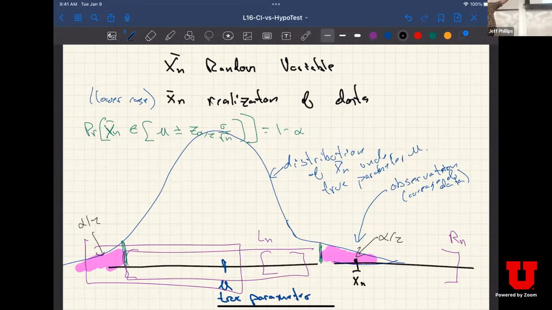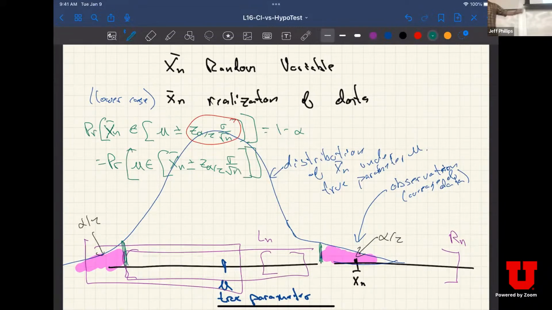But this is not so useful because I don't know what mu is. So I have to do some algebra and put these around xn instead. I add and subtract this term from xn bar instead. This is equivalent to the probability that mu is in xn bar plus or minus z alpha over 2 sigma over square root n.